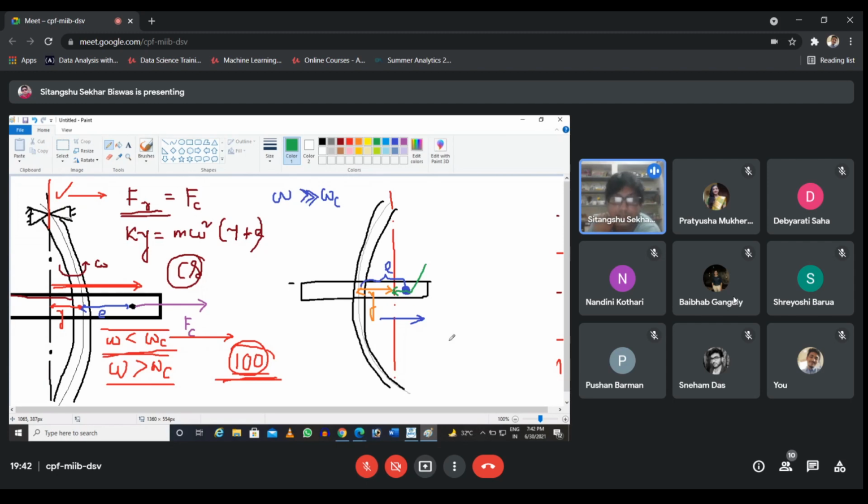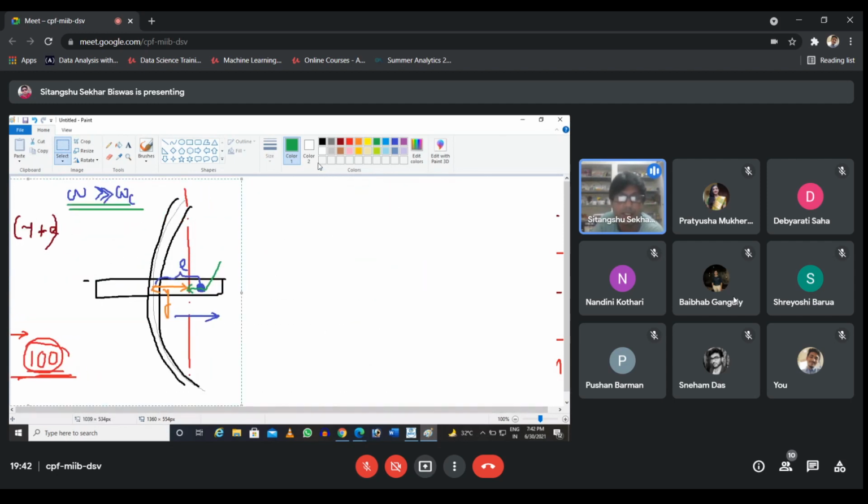So if this happens, even though there will be some deflection, your vibration will be very, very less. The designer will consider this condition when it is a high-speed machine like a turbine and all these things.